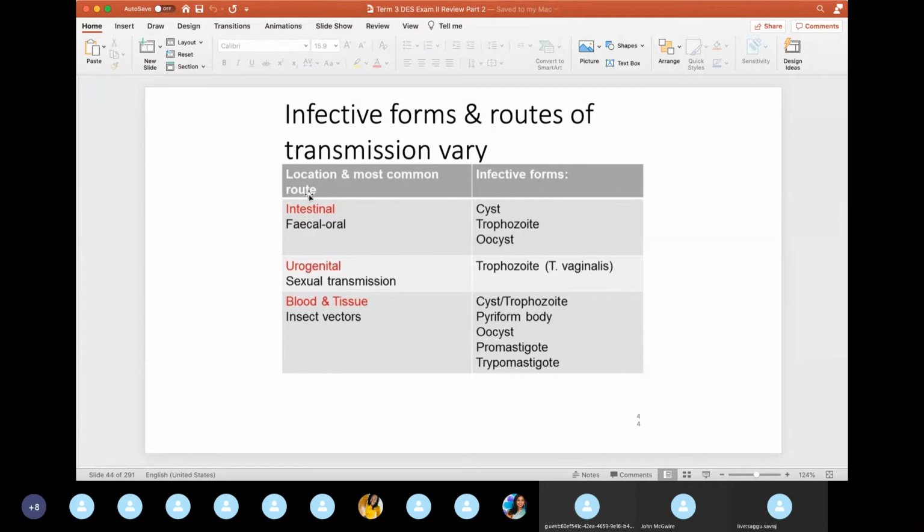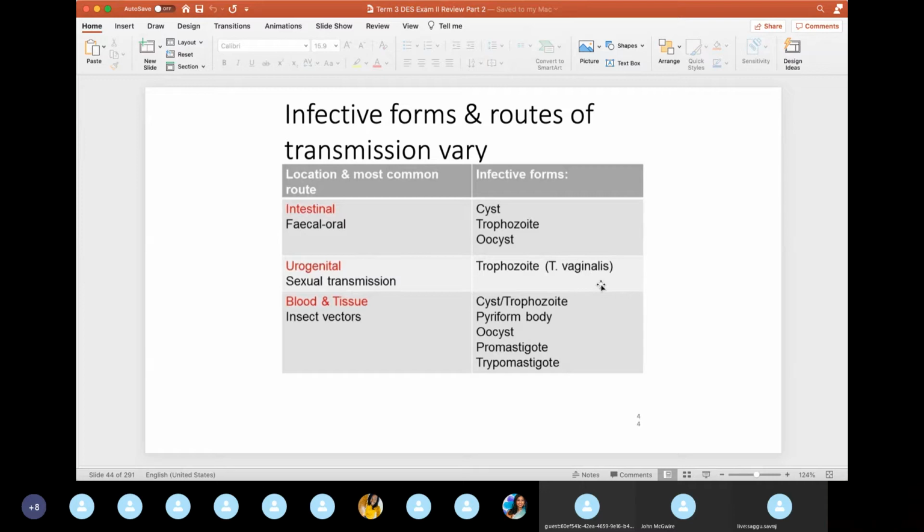Okay, some of them you can get via the fecal-oral route. The infective forms, if they're fecal-oral, are your cyst, trophozoite, and oocysts. If they're urogenital, then they are acquired via sexual transmission, so the infective form is going to be trophozoite.